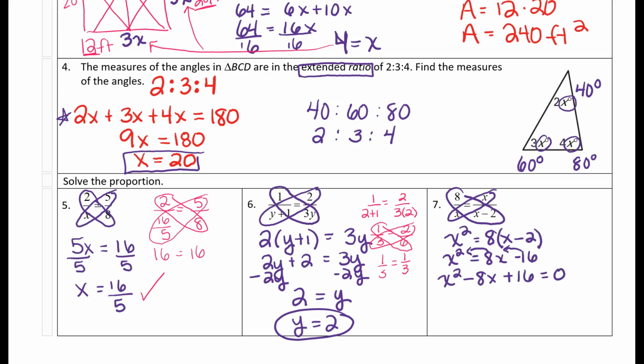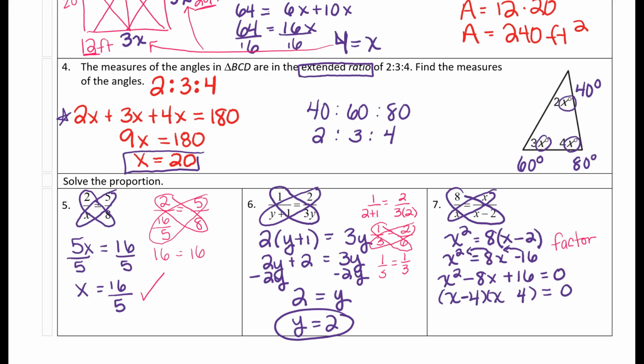And then this is where you must decide which method you are going to use to solve the quadratic. You have factoring, completing the square, quadratic formula, graphing, just to name a few. But I can automatically see that this is going to factor. So I am going to choose the method of factoring because I can see factors of 16 that will give me 8 will be 4 and 4.